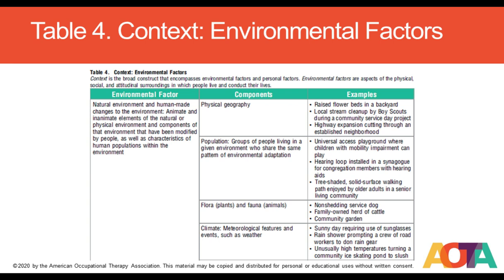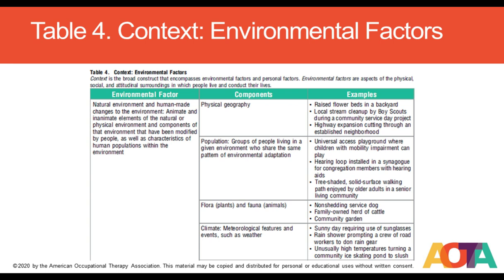Environmental factors are organized into 5 categories consistent with the ICF. This slide contains an excerpt of Table 4, and the full table includes all 5 classifications of environmental factors: natural environment, products and technology, support and relationships, attitudes, and services, systems, and policies.